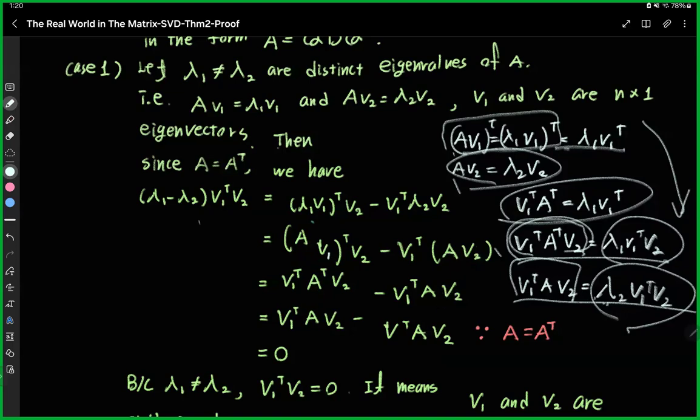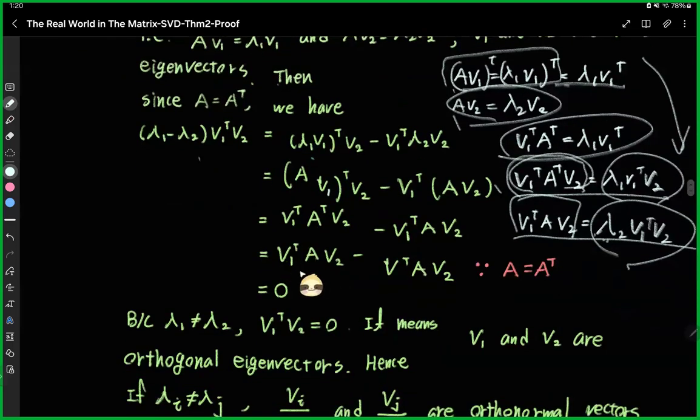Then you see V1 transpose A V2 minus V1 transpose A V2 is equal to 0, because the quantity of this is equal to this, so 0.